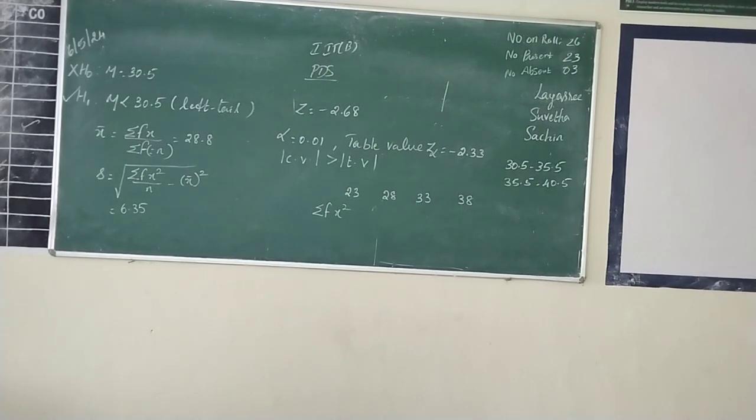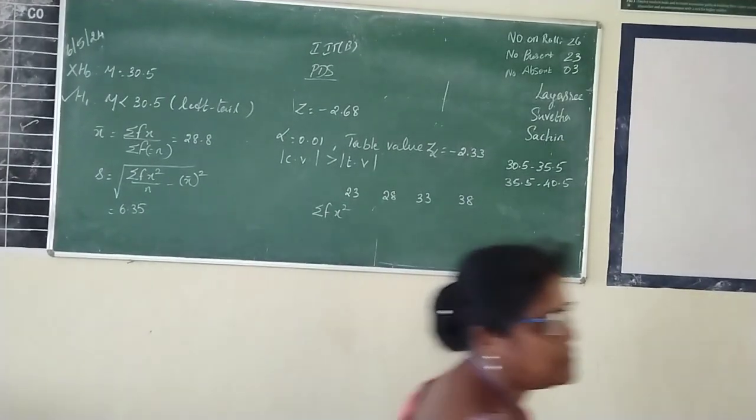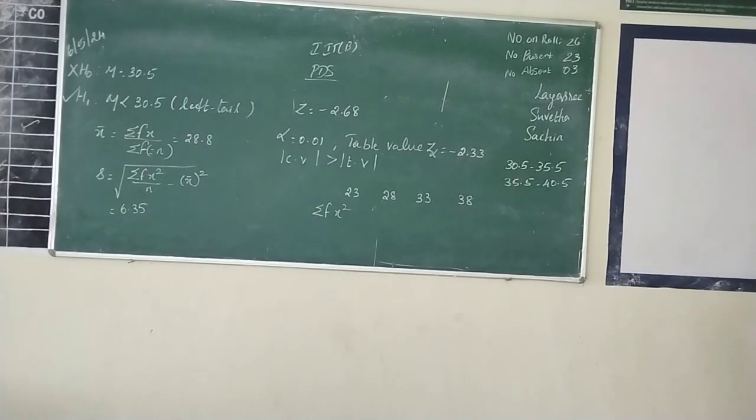So in that case, mu1 equal to mu0. What will be H1 now? What will be H1? mu1 not equal to mu2, less than mu2.